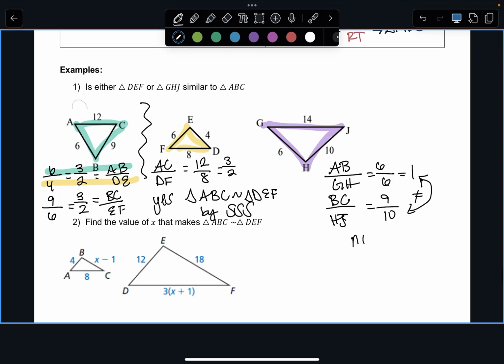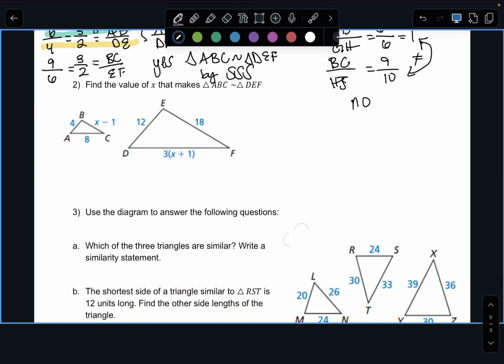So here, my answer is no. My triangles are not similar. Okay? I knew nothing about my angles and my sides didn't work out how I wanted. Questions on that one? All right, 2 more, and then we're done.